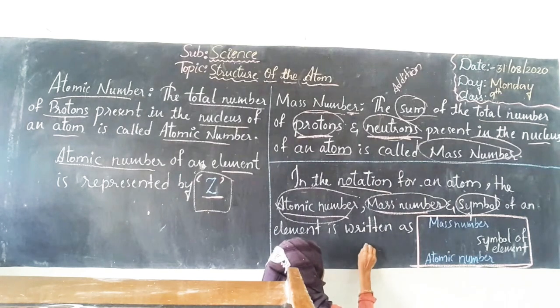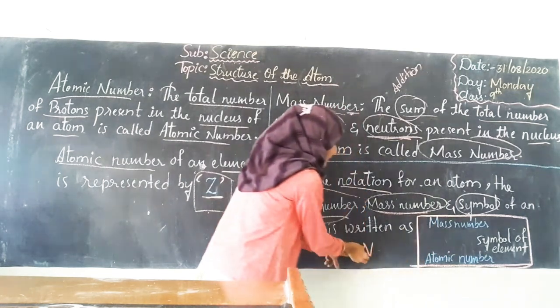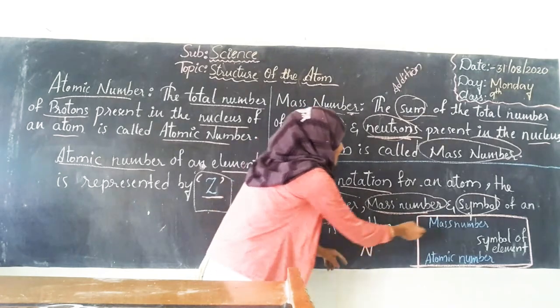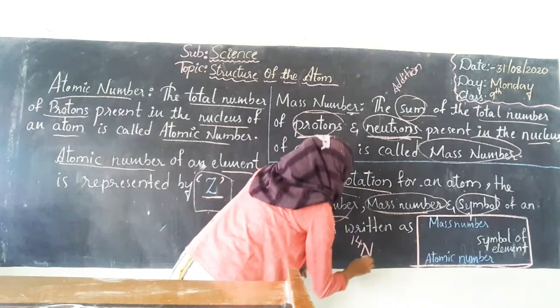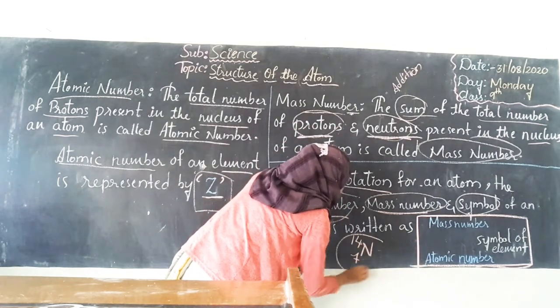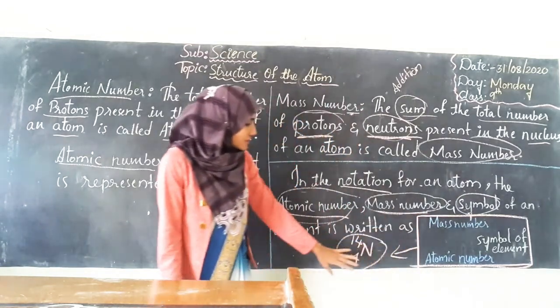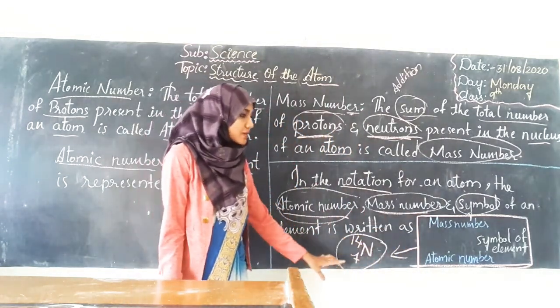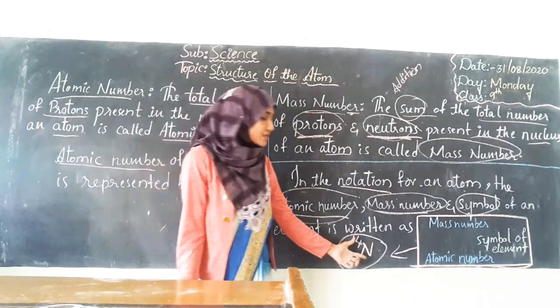The symbol for nitrogen is N, its mass number is 14, whereas its atomic number is 7. This is an example of the notation for writing the atomic number, mass number and symbol of an element. In this way, the elements are presented in the periodic table.